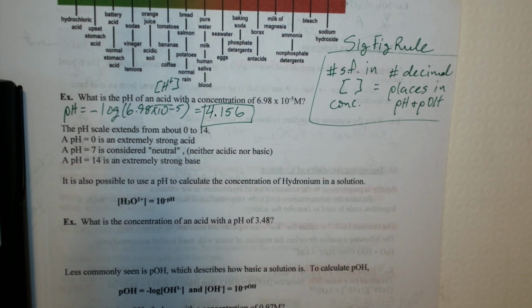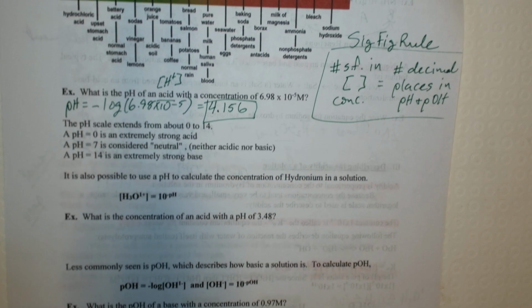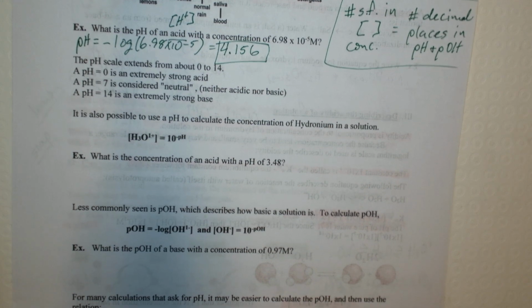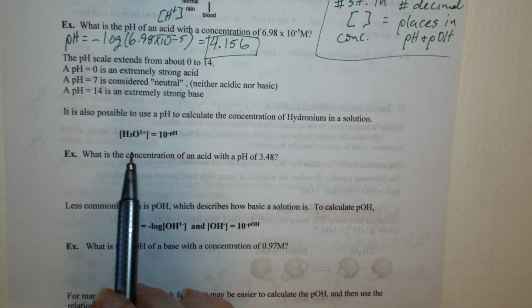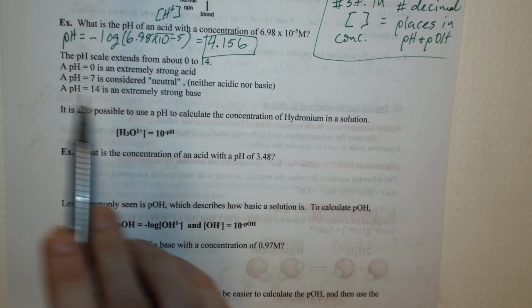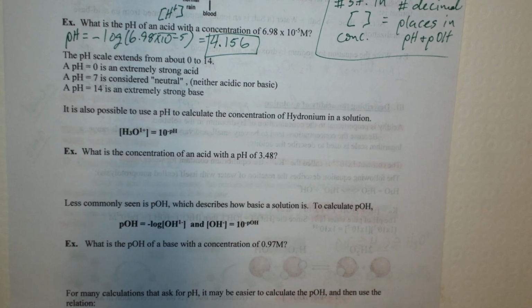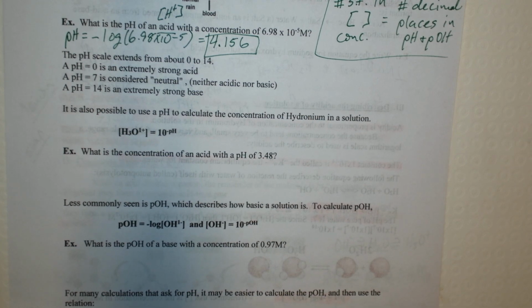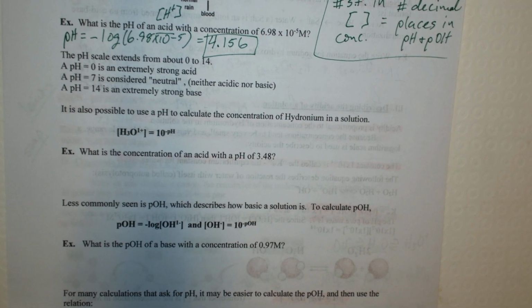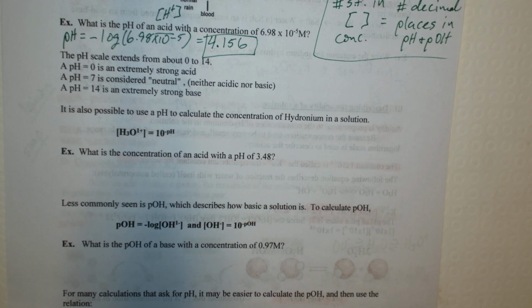Okay, so if we want to flip that around using our log scales, let's talk about this for a second. The pH scale for acids is less than 7. Your pH has to be less than 7 to be an acid. So if you have something with a really, really low pH, it's probably a strong acid.